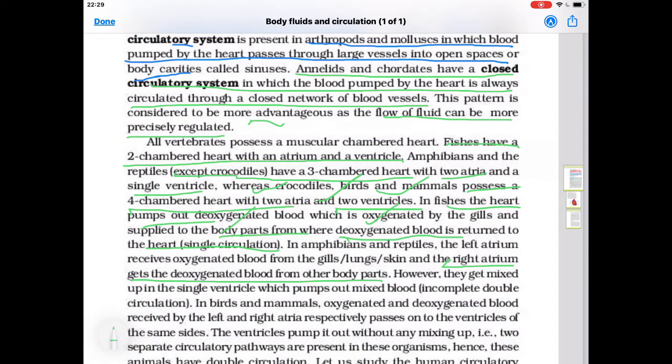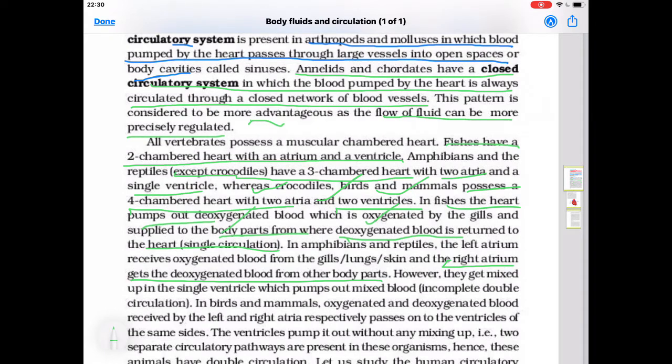This is known as incomplete double circulation. So, in case of amphibians, two auricles, one ventricle, the right auricle receives deoxygenated blood, the left auricle receives oxygenated blood, but both bloods mix in the ventricle. So, here the mixing of blood occurs, and this is known as incomplete double circulation.